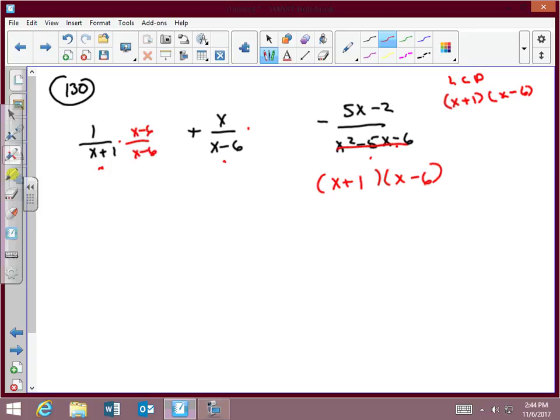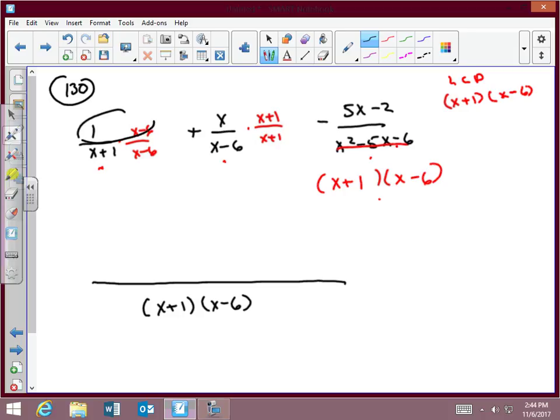What are you lacking here? X plus 1. You're lacking the x plus 1. Are you lacking anything here? No. Nothing. So now you can write what? A least common denominator of x plus 1 times x minus 6, right?